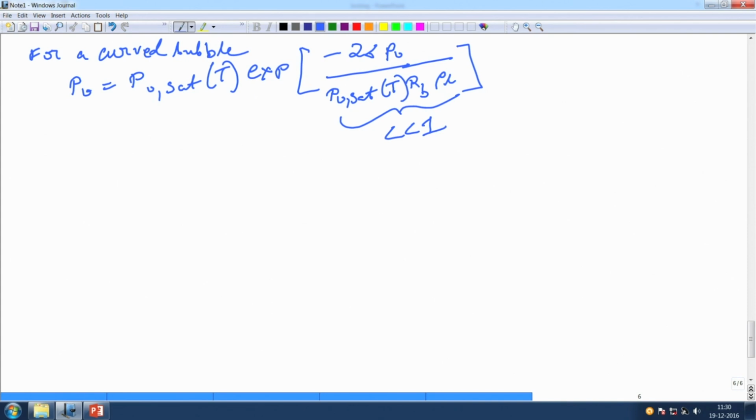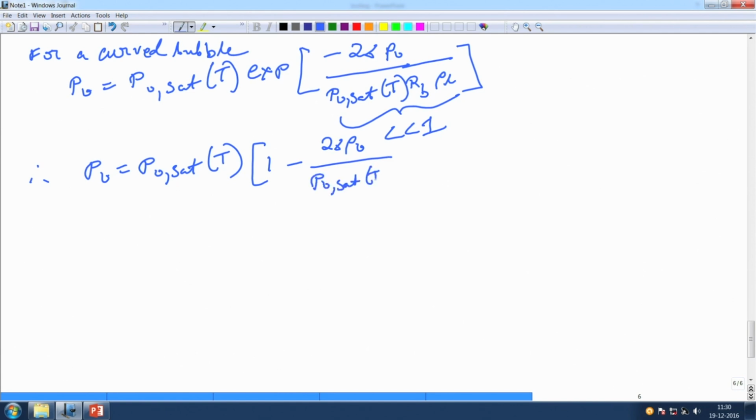Okay. Because it is less than 1, this exponential can now be expanded in a series. So, PV is equal to PV sat at temperature T times 1 minus 2 sigma into rho v divided by PV sat RB into rho L. Got it?